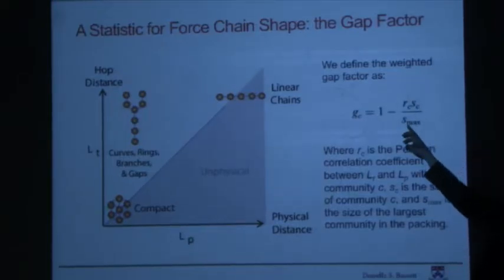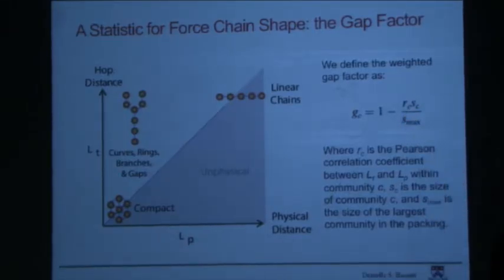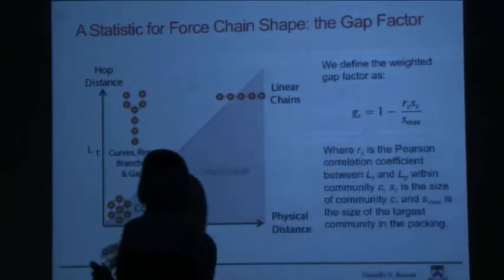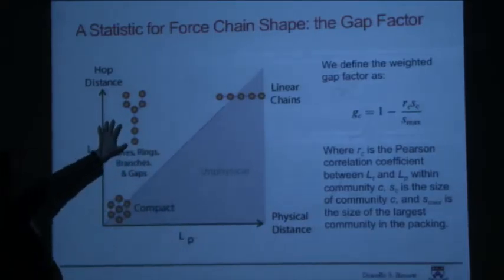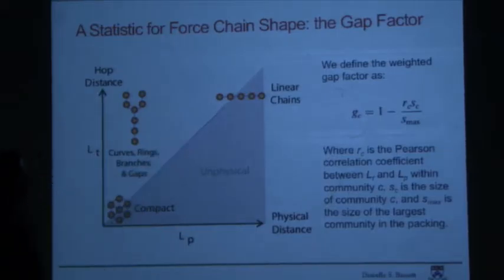So this SC over S max is a normalization factor. The driving bit here is the correlation between hop distance and physical distance. When that value is high, it points to objects that look like this, and when that value is low, it points to objects that are more compact or more linear.